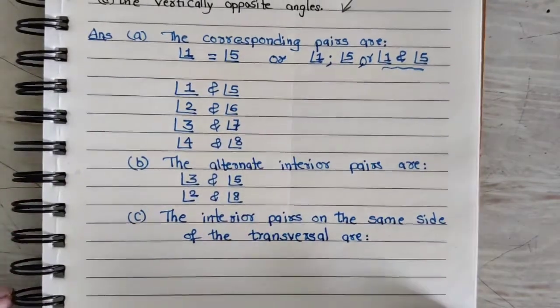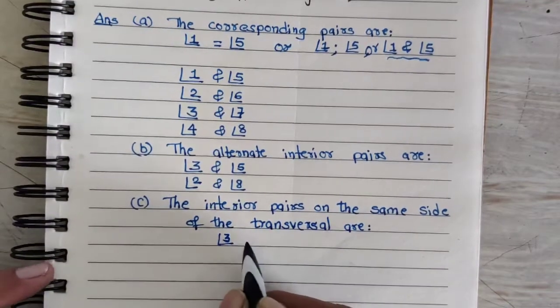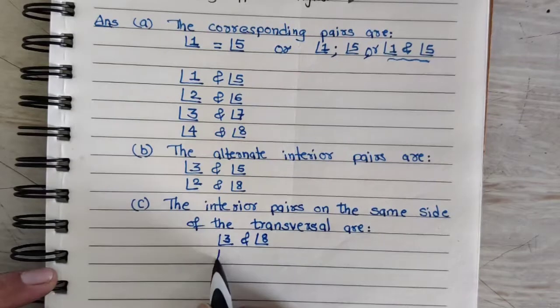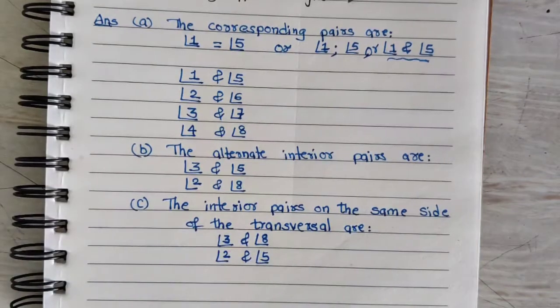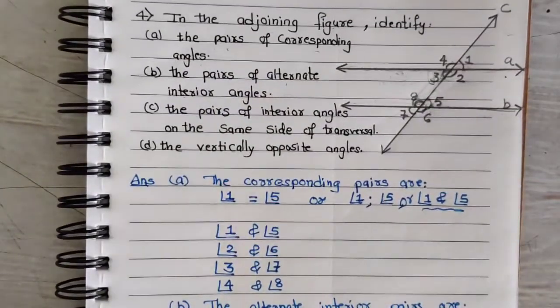Okay, now we are going to write them as I told you. It's angle 3 and angle 8 and angle 2 and angle 5. They make the interior pairs. Okay, that means after addition they give you 180 degree. Fine. Now let us move on to the last question of this, that is number D.